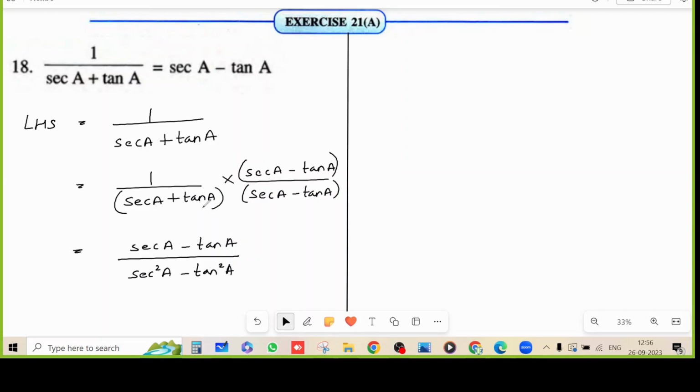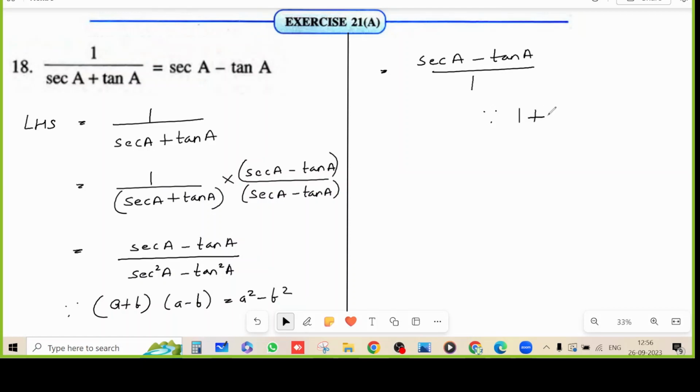The formula that we have used over here is A plus B into A minus B is equal to A square minus B square. Now the numerator will remain as it is, and the denominator is sec square A minus tan square A, which is equal to 1, because 1 plus tan square A is equal to sec square A according to the trigonometric identity.